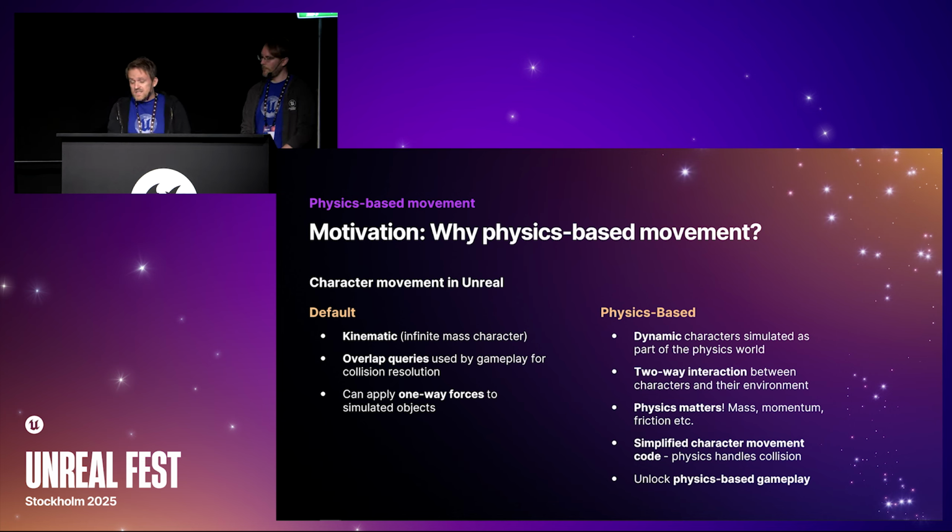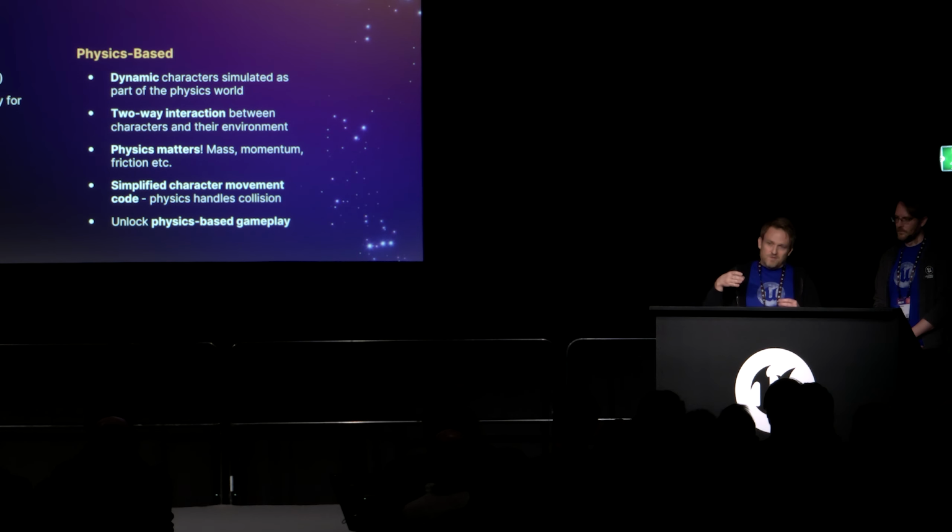Another goal is to try and simplify some of the gameplay code that we have to write in order to move our capsule around the world. Even something simple like I'm trying to move a character, but it's moving into a curved surface, and I have to go around that curved surface. Or if I'm moving into a corner and there are multiple collisions that I have to resolve. With the kinematic mover, these special cases have to be coded, where I move here and then I move out of penetration.